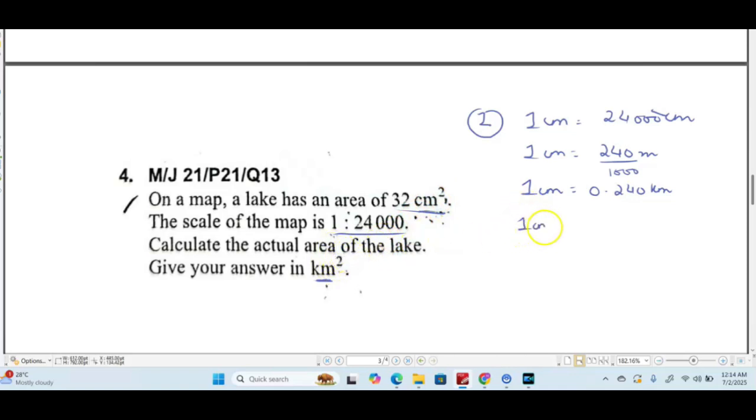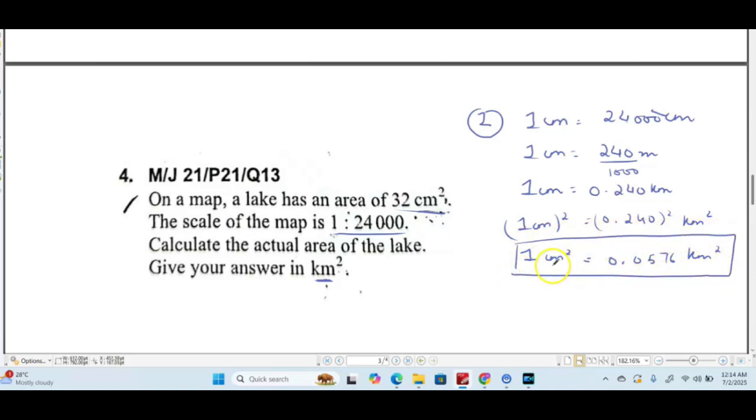So we need to multiply both sides with square. Okay, ji? So 1 centimeter square is equal to 0.0576 kilometer square. Okay? So we've established what 1 centimeter square on the map is equal to in kilometer square in real life.